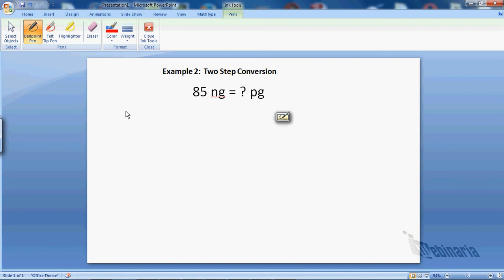We need to establish a relationship between nanograms and picograms. So in order to do that, we have to have a relationship between nanograms to grams, then to picograms.